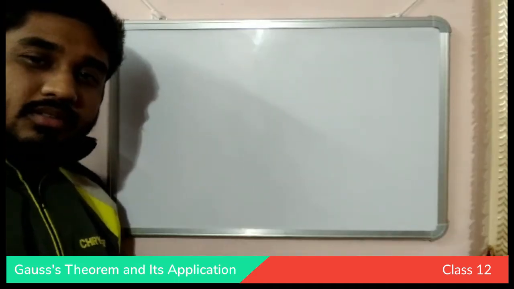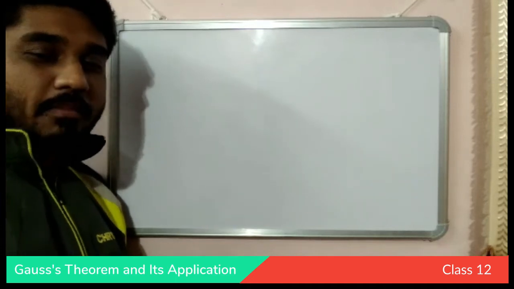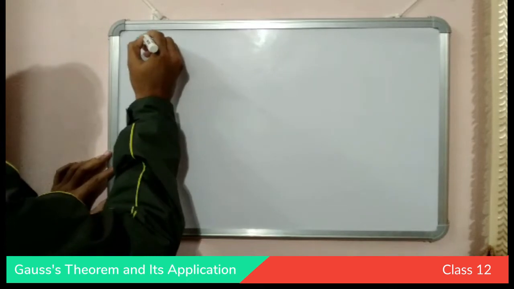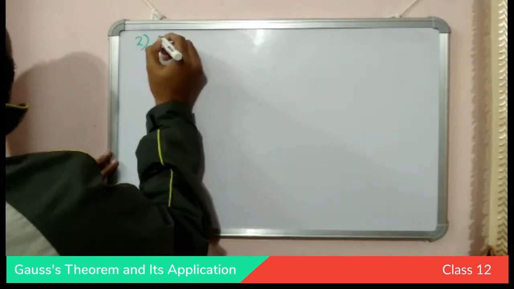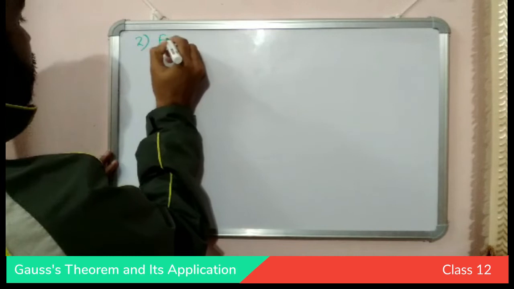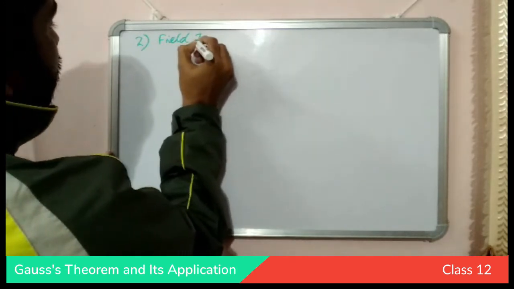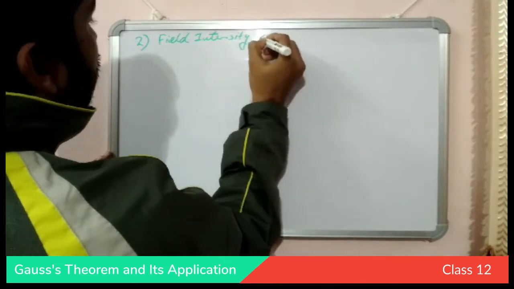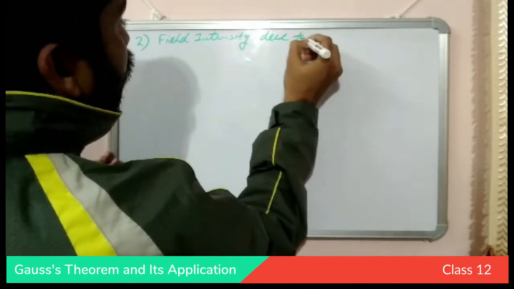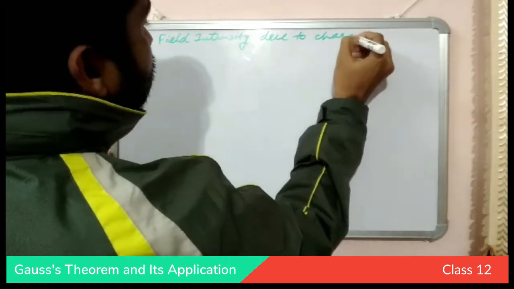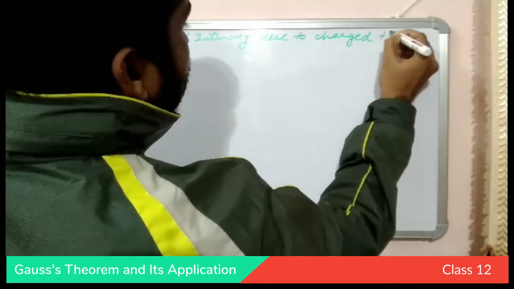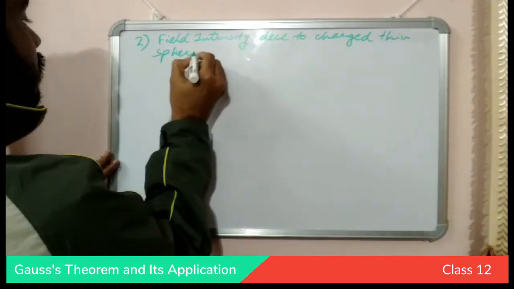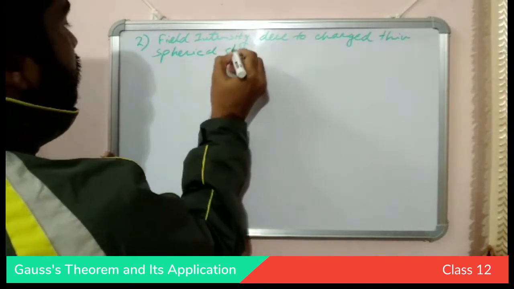Now we will see another application of Gauss's theorem, that is number 2. It is the electric field intensity due to a charged thin spherical shell.